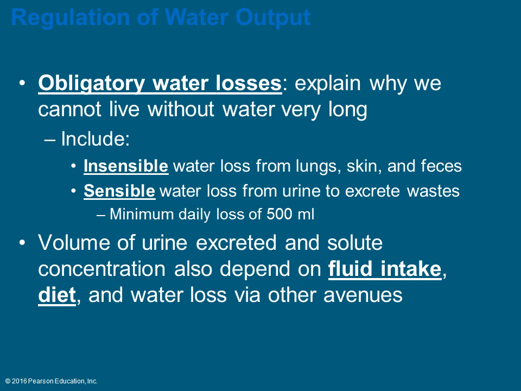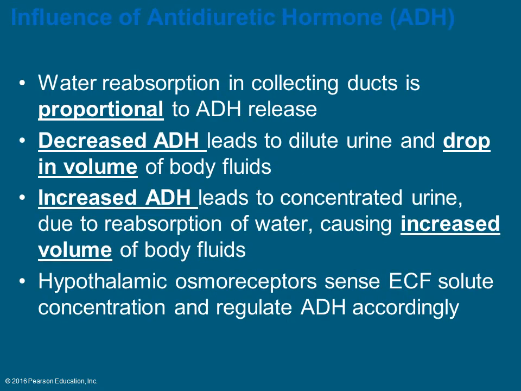The volume of urine that's excreted is going to be regulated and dependent on how much fluid intake you have. The concentration of that urine is going to be dependent on the fluid intake, the solutes, your diet. Are you losing water elsewhere? So all of this is tightly regulated and controlled.